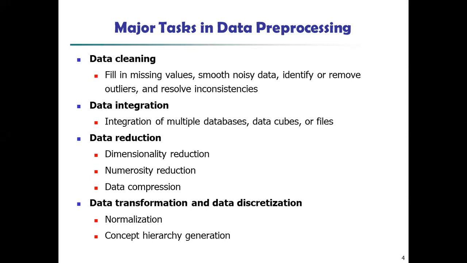For example, if some data is not filled in the attributes, those are the missing values, and you have to fill them with some default values. Noisy data means inconsistent information; you don't have the actual information.